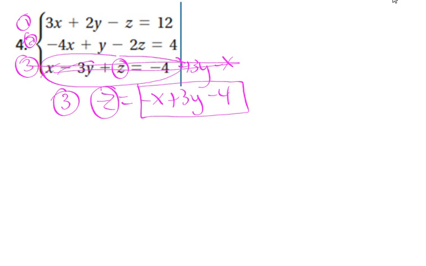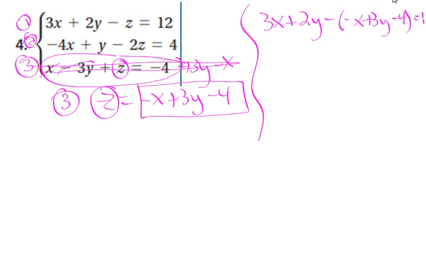Okay, so for the first equation, I'm going to have 3x plus 2y minus z, which is negative x plus 3y minus 4, equal 12. So now clean it up. 3x plus 2y plus x minus 3y, that's a minus 3y, plus 4 equal 12.